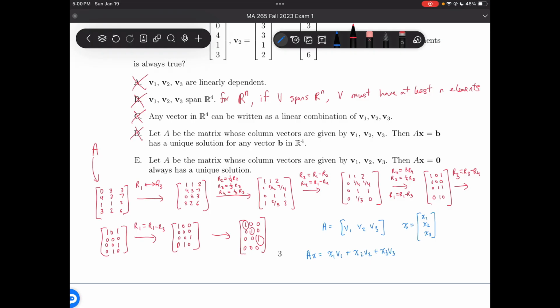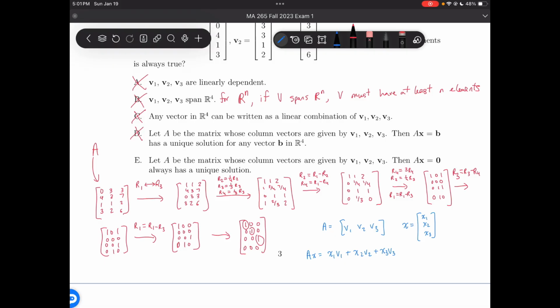Because saying Ax equals b has a unique solution for any vector b in R4 is equivalent to saying that for any vector in R4, there's a linear combination of v1, v2, and v3 that is equal to that vector.